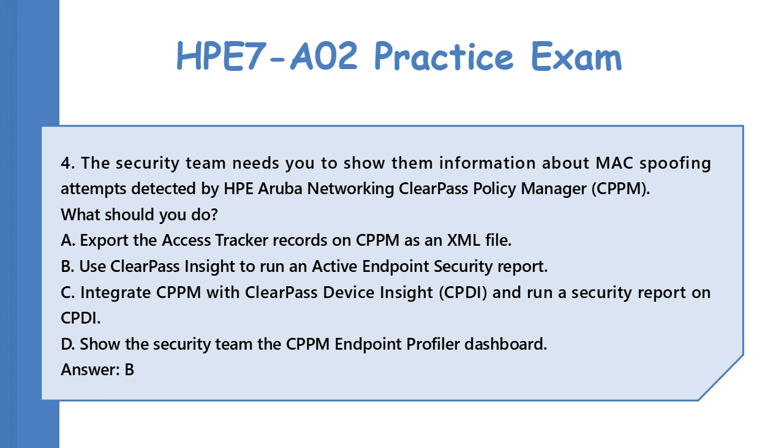B. Use ClearPass Insight to run an active endpoint security report. C. Integrate CPPM with ClearPass Device Insight, CPDI, and run a security report on CPDI. D. Show the security team the CPPM Endpoint Profiler dashboard. Answer: B.